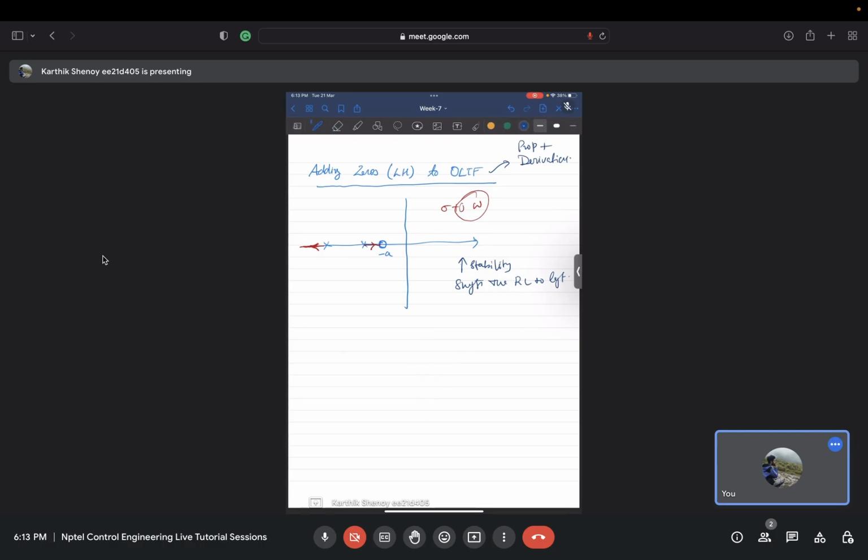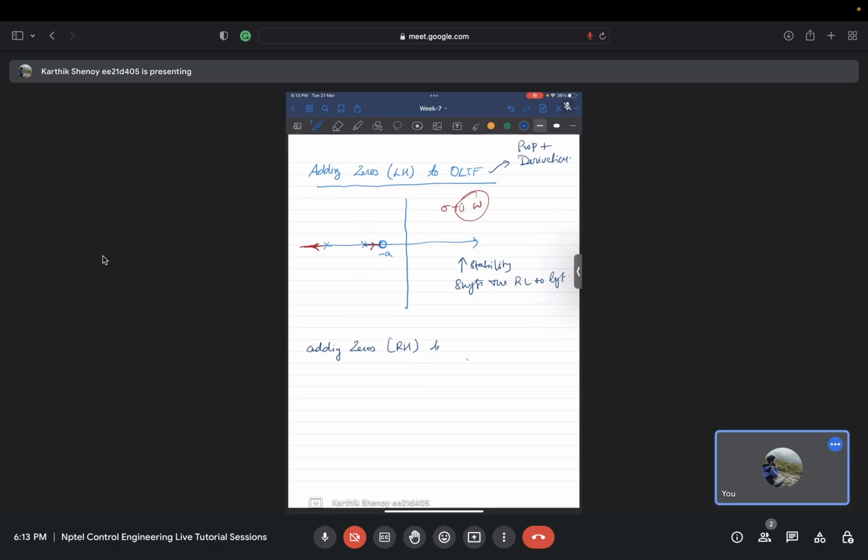So we saw what happens when adding zeros to the left half. Now let's add zeros to the right half plane. The system will still be stable, right? The stability can change, but because of the zero alone, it won't change.